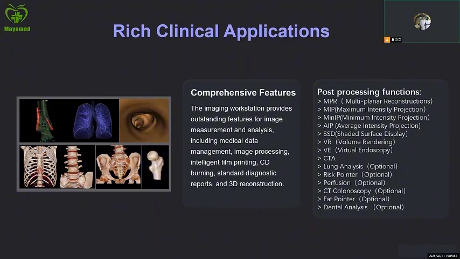We also have options like lung analysis, risk pointer, CT perfusion, CT colonoscopy, fat point, and dental analysis. These are optional configurations. So this is a very powerful 32-slice CT scan. If doctors need advanced clinical use, we can offer them a comprehensive set to meet their clinical requirements.